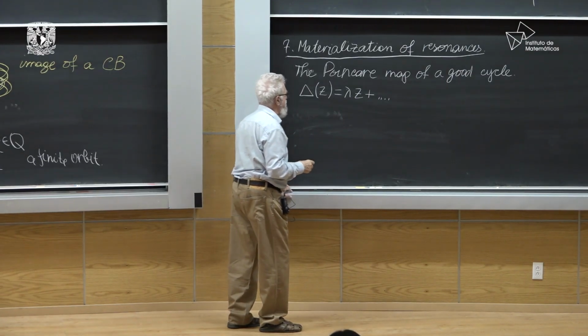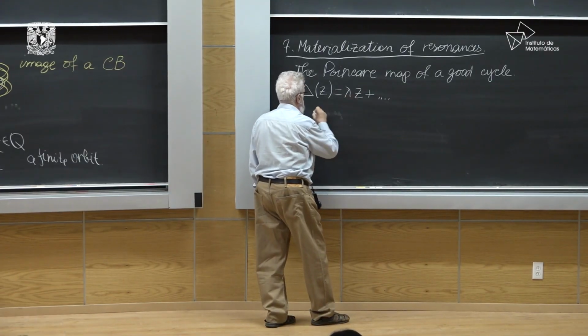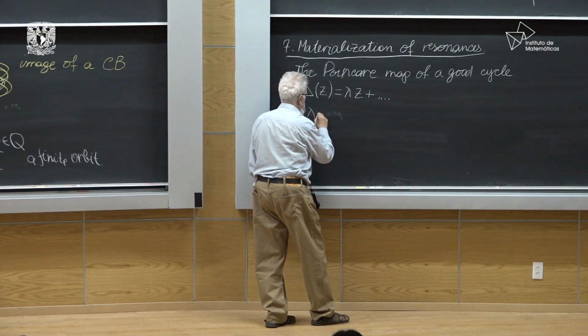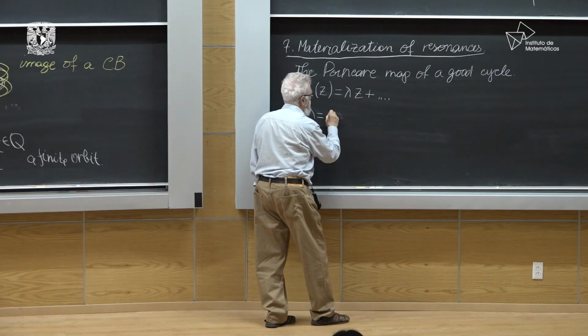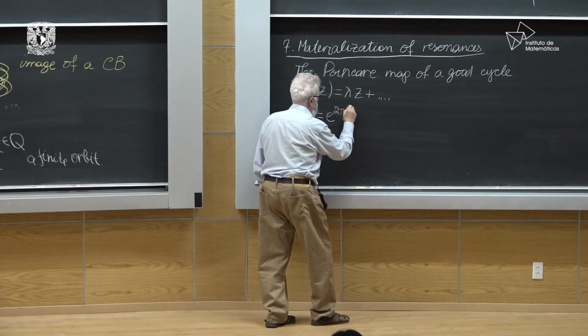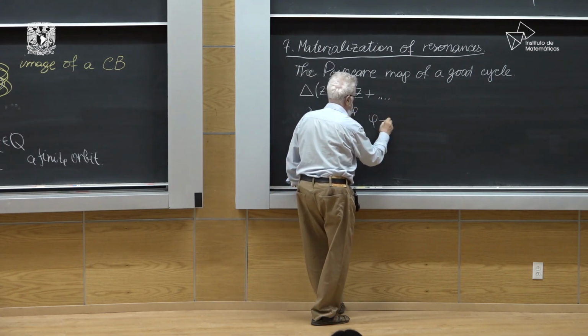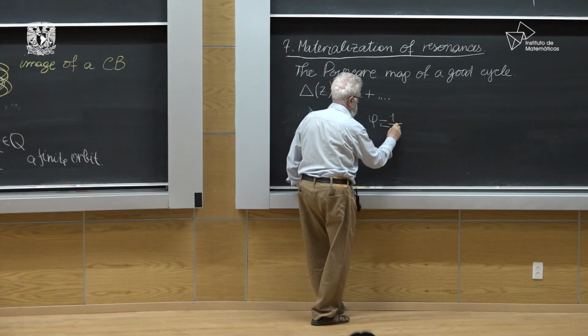So suppose that lambda equals exponential of 2 pi i phi, and phi equals 1 over n.